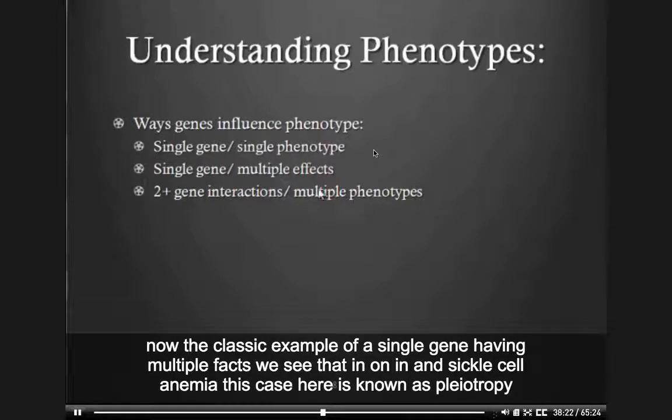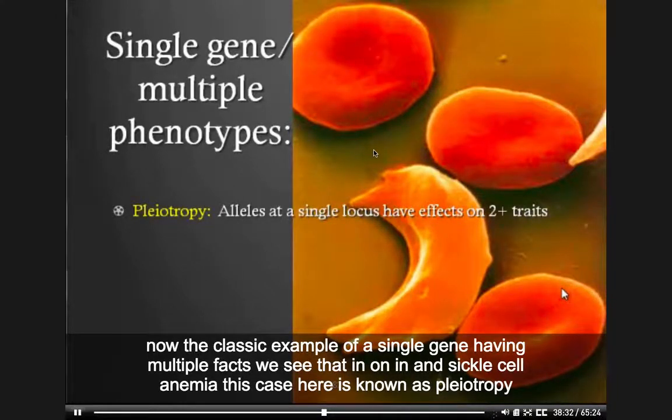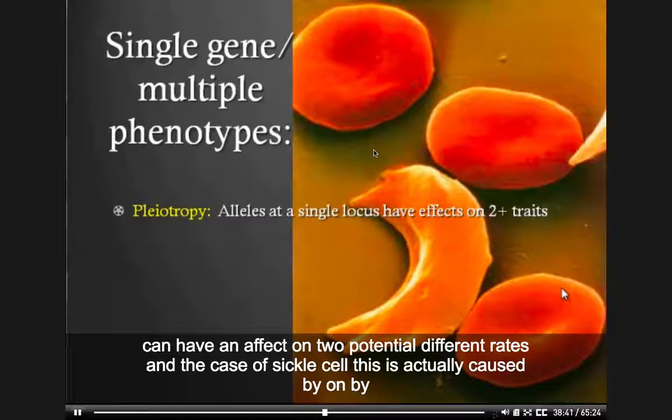Now, the classic example of a single gene having multiple effects, we see in sickle cell anemia. This case is known as pleiotropy. It's where an allele at a single locus, at a single location on your chromosomes, can have an effect on two potentially different traits.